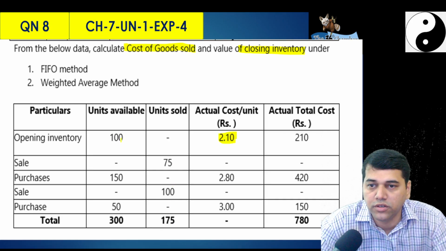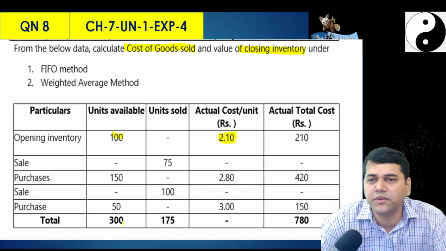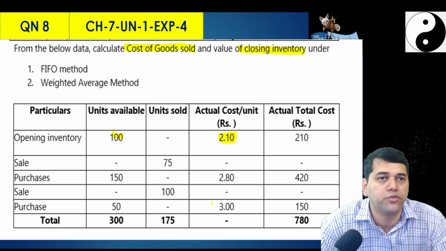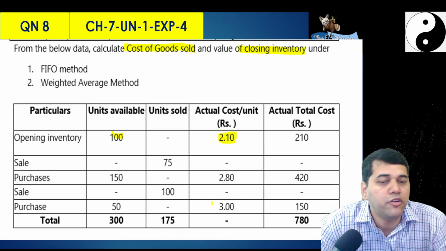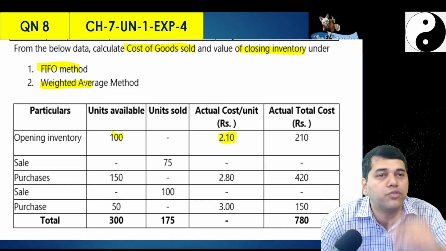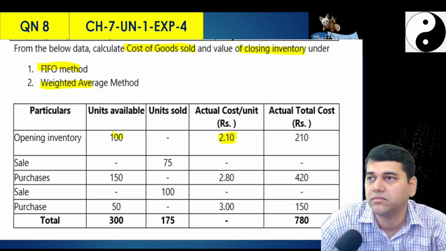No, total units available, opening inventory 150. Yeah, the difference between the total units purchases plus opening stock minus the units sold becomes your closing stock. Now, what is the value of the closing stock? That depends upon whether you follow FIFO or weighted average method. Otherwise, you can never follow that. Otherwise, forget this method and go to some other method.